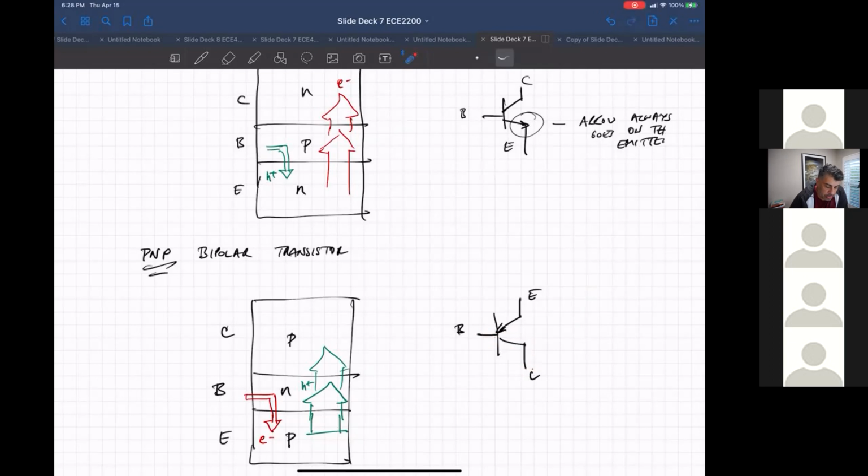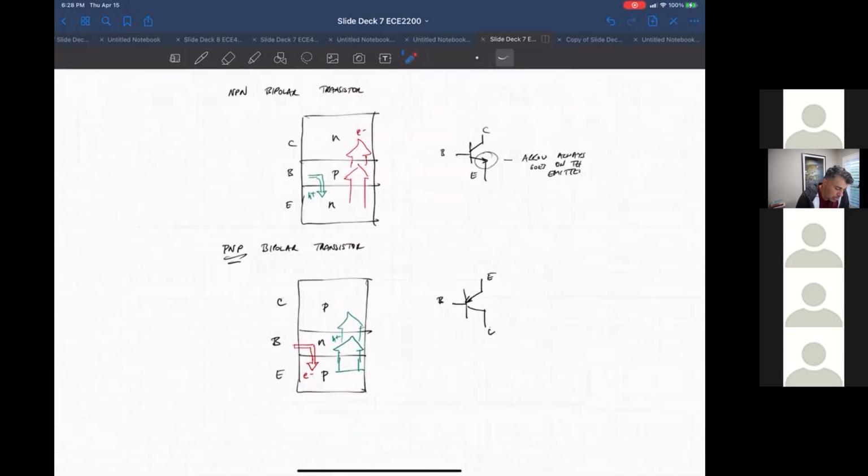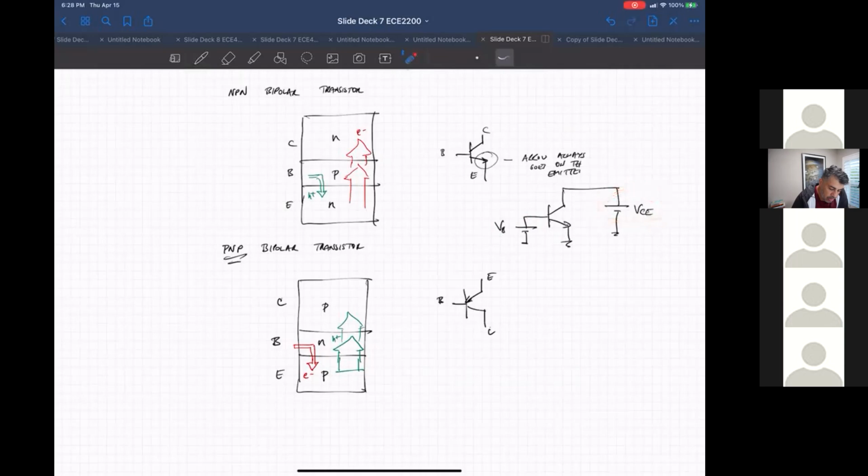So everything's flipped. Typically on an NPN, you put a positive voltage on the base, making the base higher than the emitter, and then we put another positive voltage on the collector that's even higher to make this junction reverse bias.